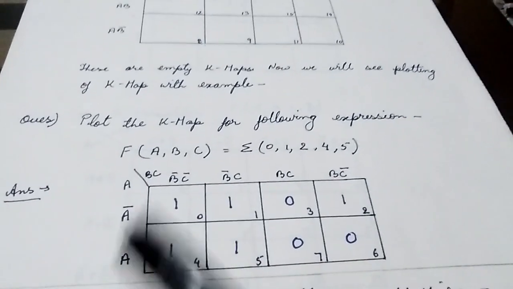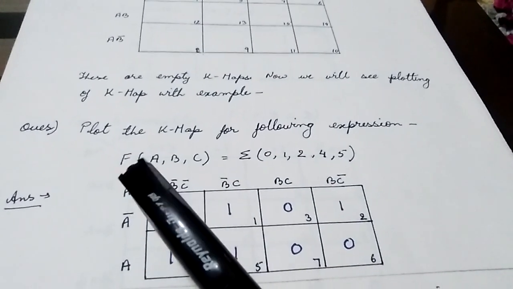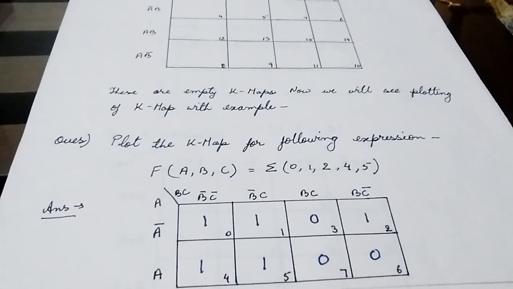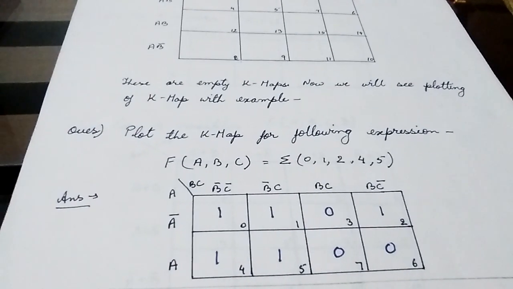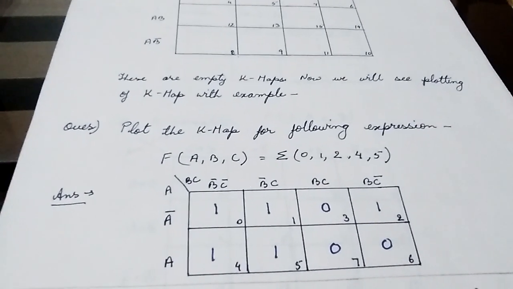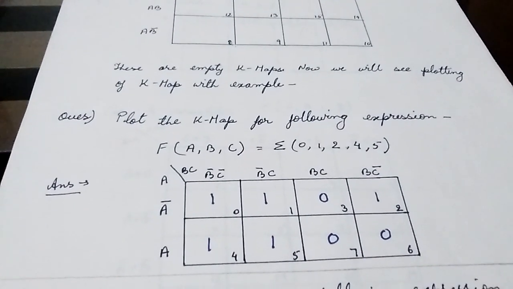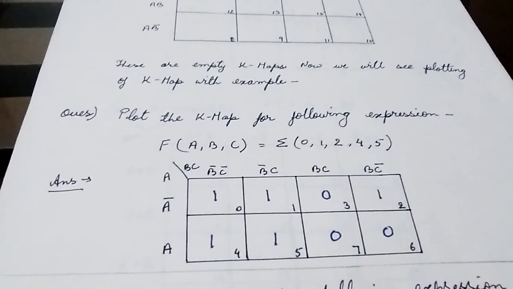So we see here that for the 3 variable function F(A, B, C) equals summation 0, 1, 2, 4 and 5. Summation indicates min term. It means we have to plot a Karnaugh map for a min term, that is sum of product.